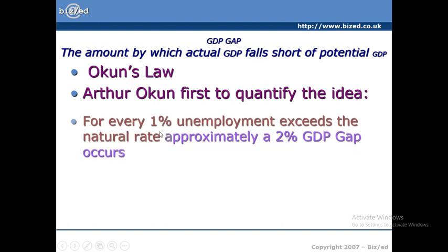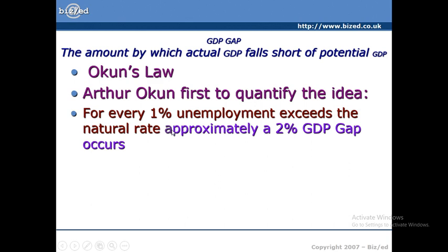He says for every 1% that unemployment exceeds the natural rate, approximately a 2% GDP gap occurs. Of course, every economy has some natural rate of unemployment, so you don't mix that up.